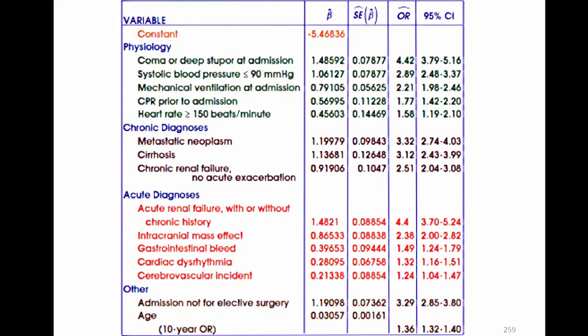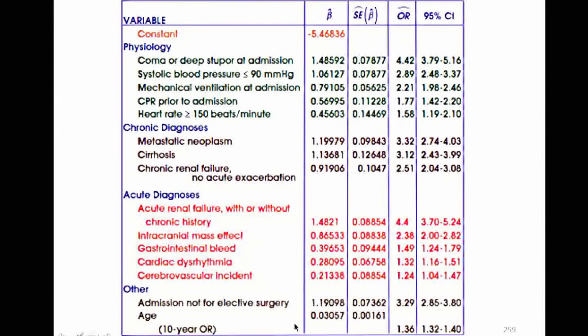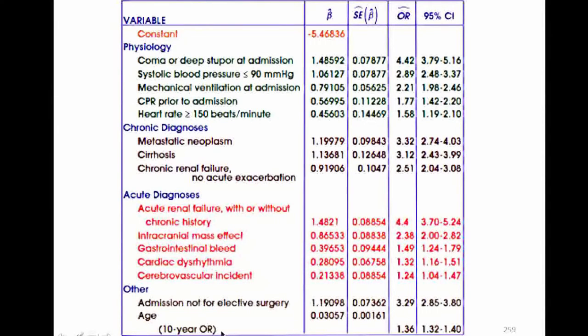So someone who's 10 years older than someone else has 36% higher odds of dying than the younger person. Now I hope that's clear. I chose 10 years; I could have chosen 5 years, or 20 years. Because I didn't simply take e to the coefficient, I broke out the 10-year odds ratio in a different line so that my reader would know what I used as the multiplier. All the others are simply e to the coefficient, but not that one.